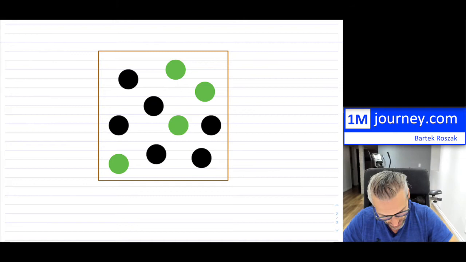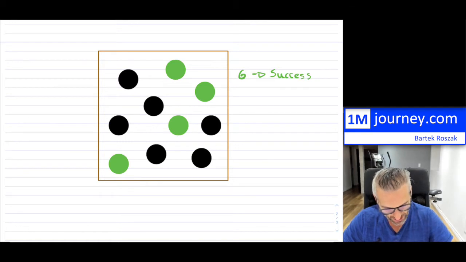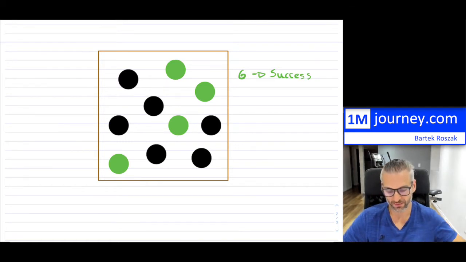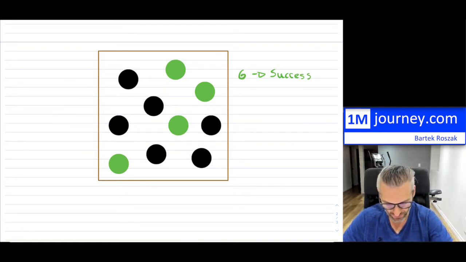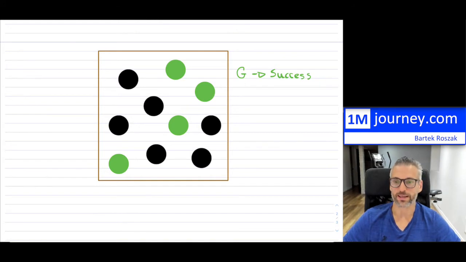So I'm going to associate green with a successful pick. That means that picking black would be unsuccessful. I have to be careful here so you don't think that's a 6. That's a G for green.